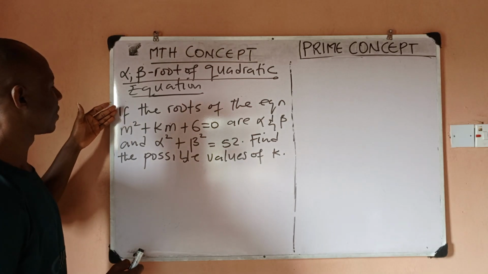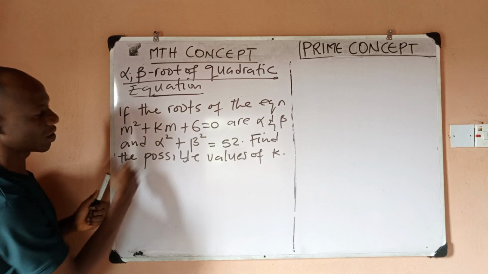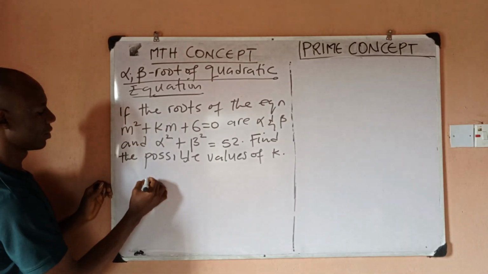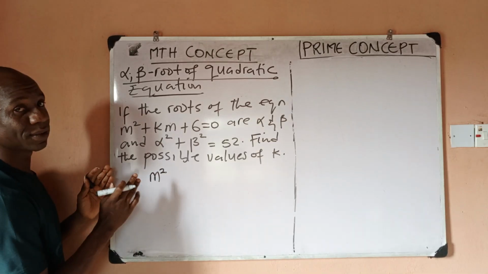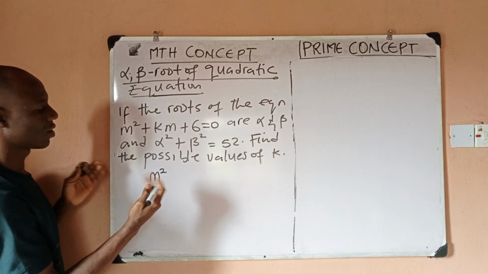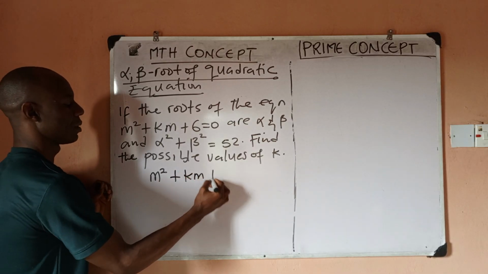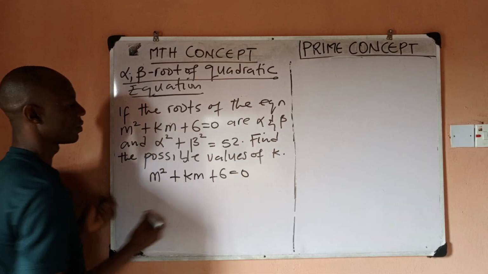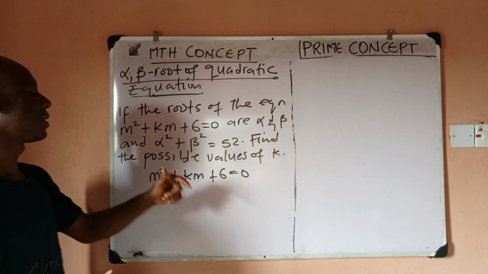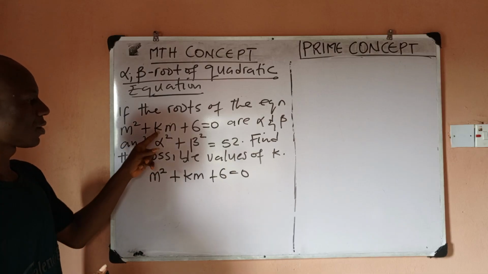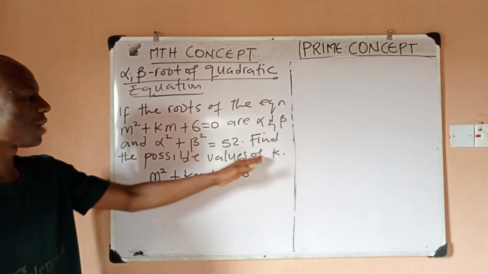The question says, if the roots of the equation this, remember this equation is not in terms of x, so the equation is m squared, it's supposed to be x squared, still the same thing, so that the symbols they are using do not confuse you. m squared plus km plus 6 equals 0. So if the roots of the equation are alpha and beta, and alpha squared plus beta squared is equal to 52, find the possible values of k.